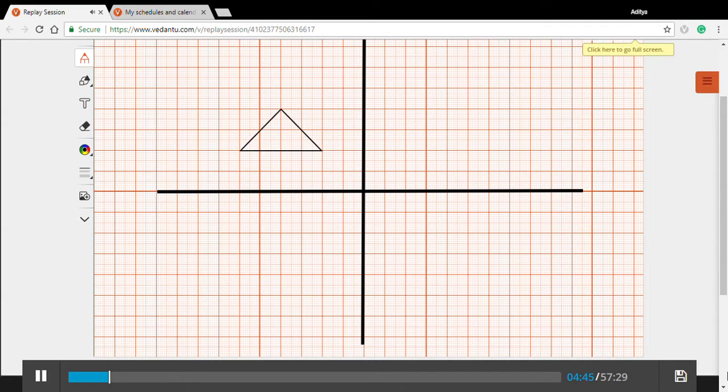Suppose the scale factor is given to us as 2. It simply means its size is going to be increased. So how do you increase the size? Say the center of dilation is the origin this time. So if this is the origin, let me draw it a little above.